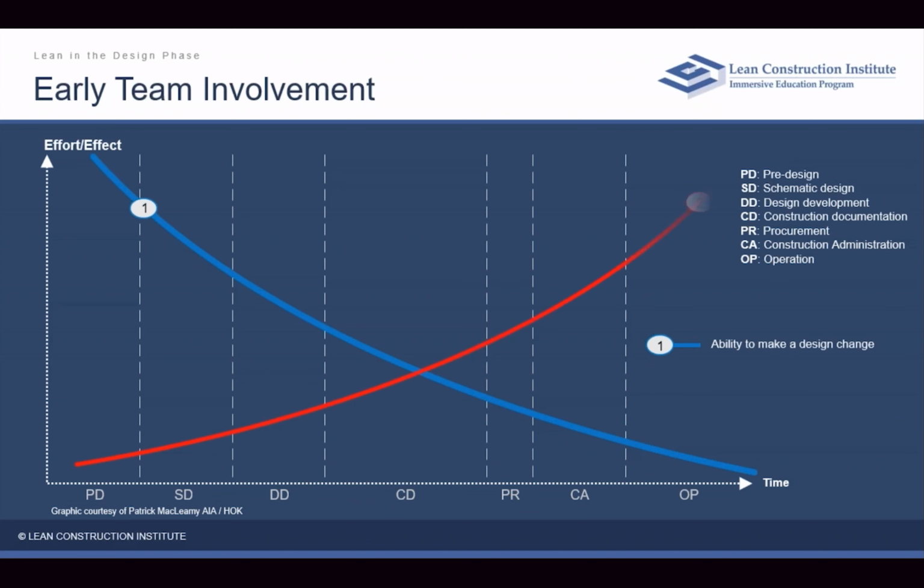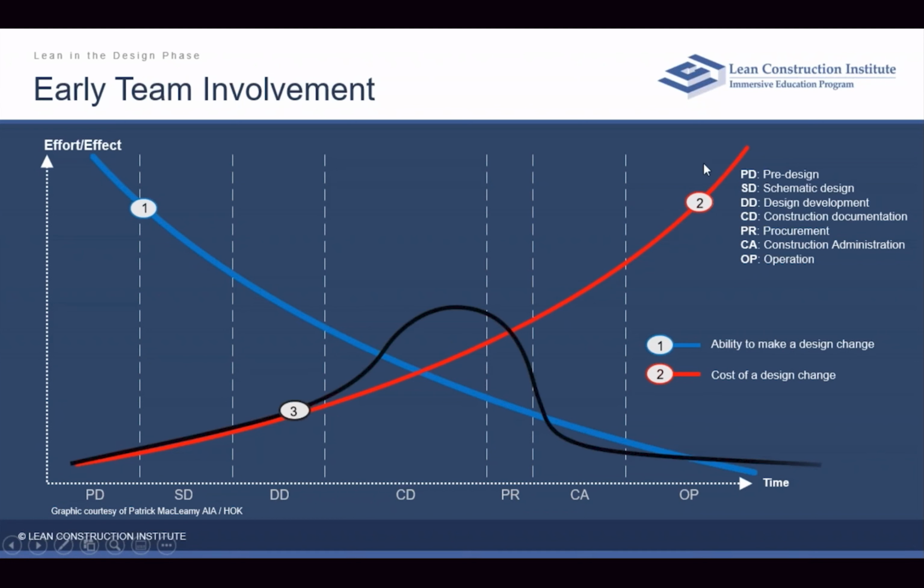The costs of these design changes increase. Traditionally, limited numbers of people are involved, and then we get this crescendo, and most of my 20 to 25 years as a structural engineer, I got highly active in the CD phase alone.